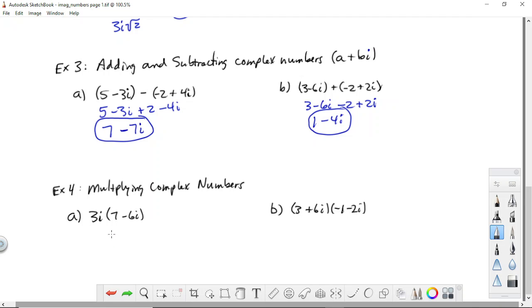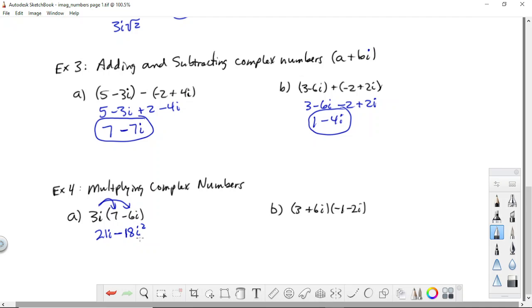So this is simpler to multiply. We just distribute like this. And so that gives us 3i times 7 is 21i. And 3i times negative 6i is negative 18i squared. But whenever we multiply these, we start getting these i squared things showing up.